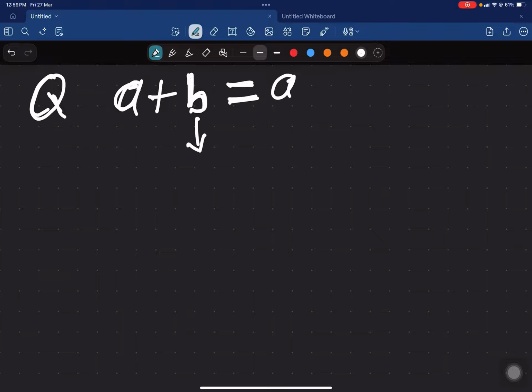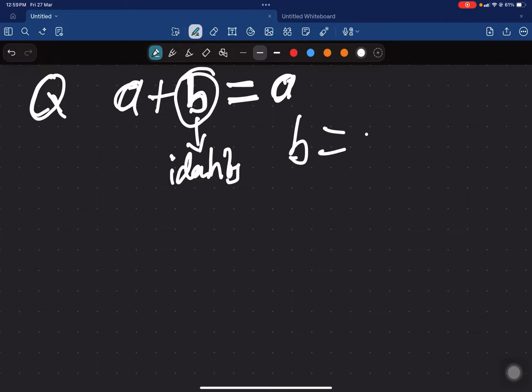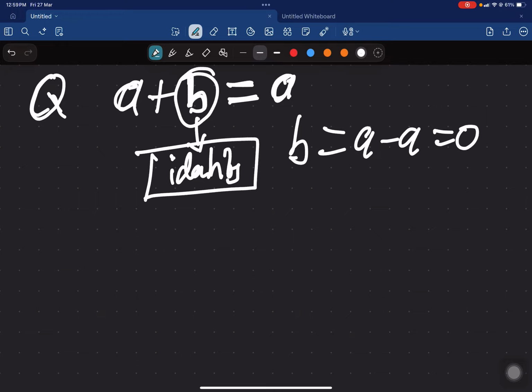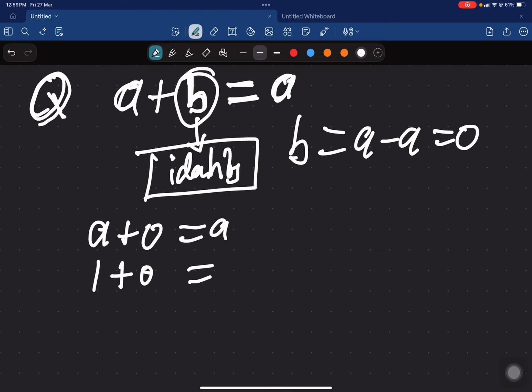We are calling b our identity element, and we did this already. So here we have to solve for b, which is the identity we are looking for. When we solve for b, we are going to get a minus a, which is 0. So it means 0 is the identity element under the set of rational numbers when you are doing addition. So that's to say a plus 0 is a. Quick examples like 1 plus 0 is 1. Anything you add to 0 is going to give you the same thing. And so 0 here is our additive identity.